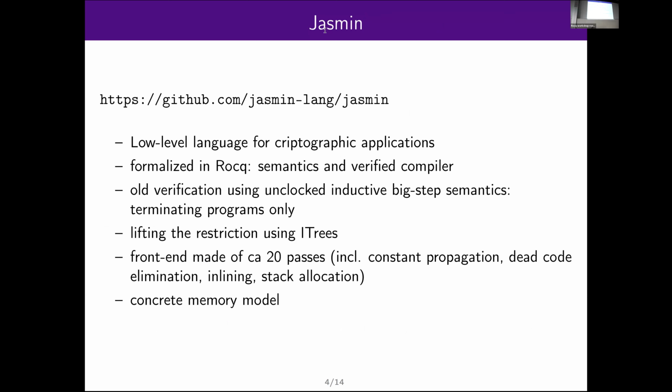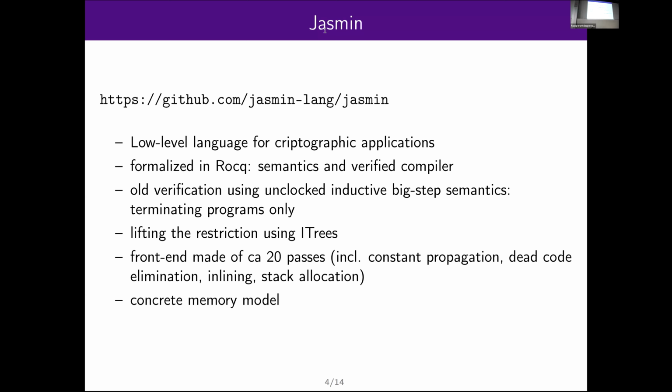Now, the object of our case study is basically an existing language, Jasmine, that's being developed at Sofia by Benjamin Gregoire and his team. It's essentially a low-level language for cryptographic applications, which gives the programmer lots of control on the assembly which is generated.